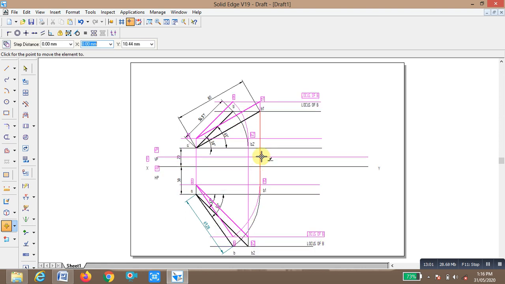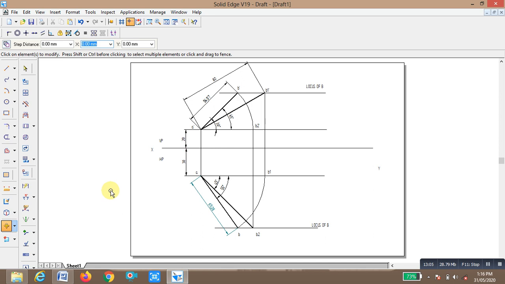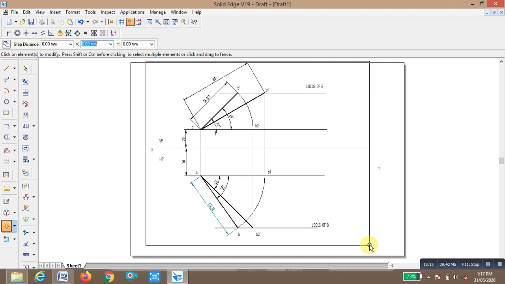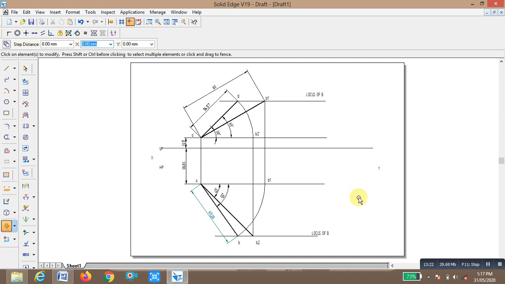Select this, and place it exactly at the center. Now I want to move this text properly, setting it above and below the XY line.